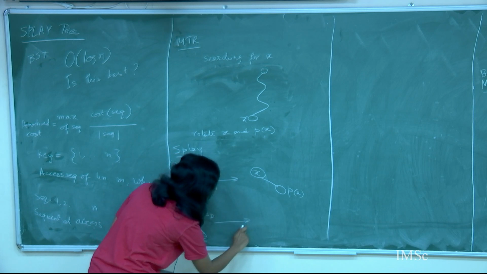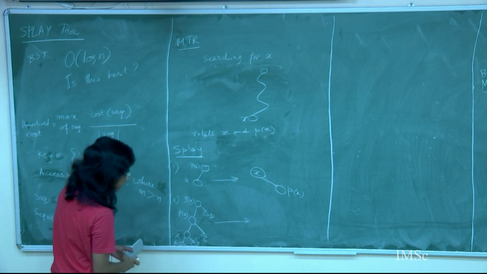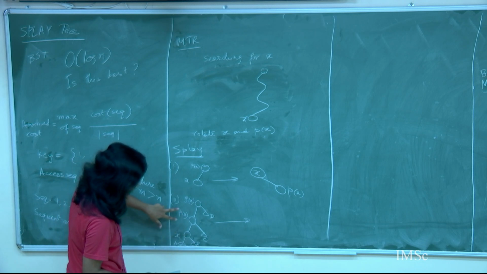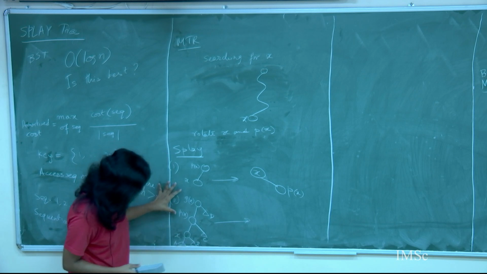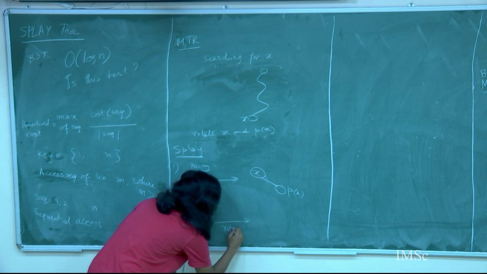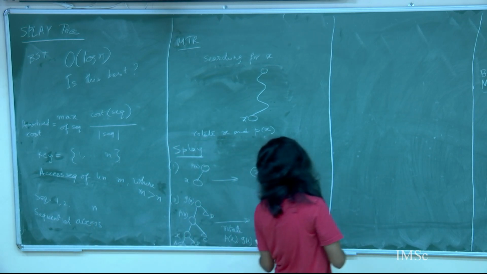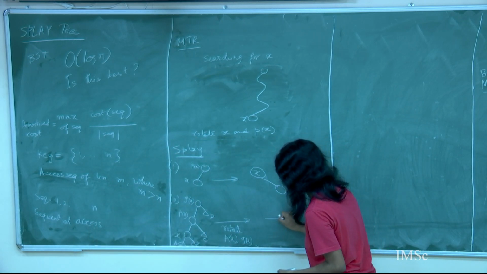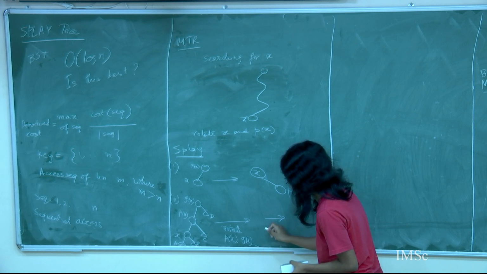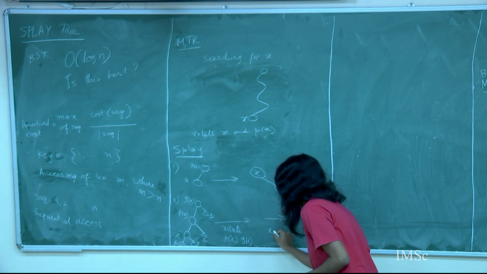Let's see what splay does. What splay does is a pair of rotations. So instead of rotating x with p of x and then x with g of x again, we first rotate p of x and g of x. So the first step is this, and then whatever you get from there, you rotate x and p of x.